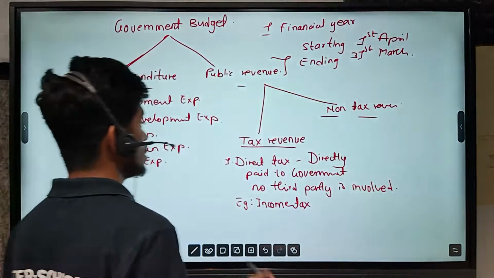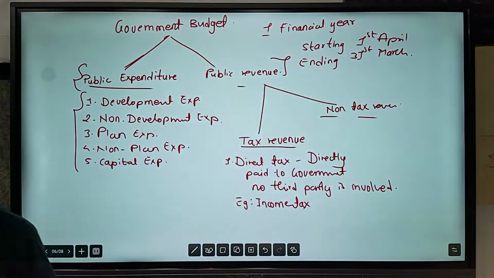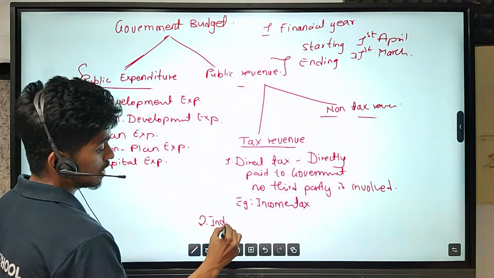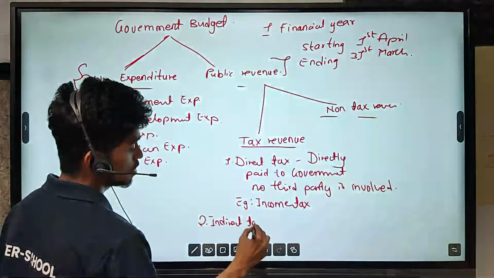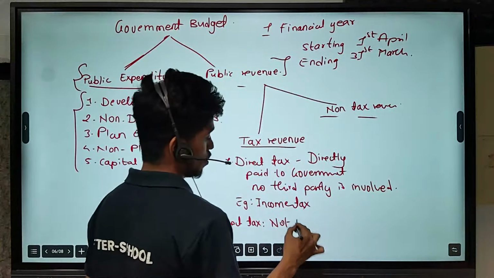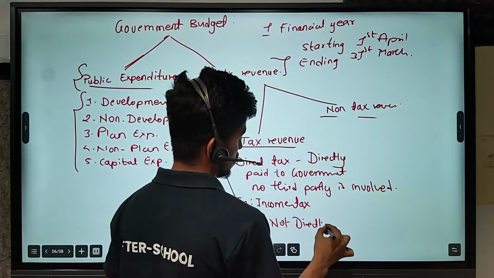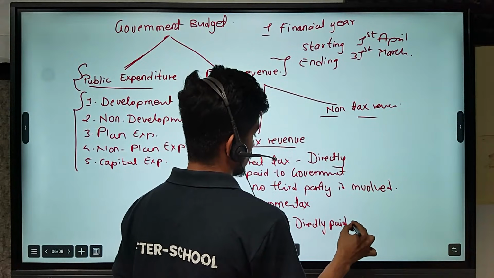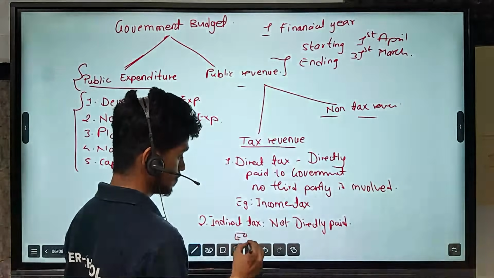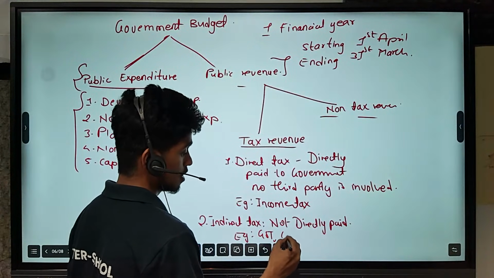And what is the other tax? What is the second type of tax? That is indirect tax. Indirect tax is the opposite of this, which is not paid directly. Here, there is a third party involved. For example, you can take GST, custom duty.